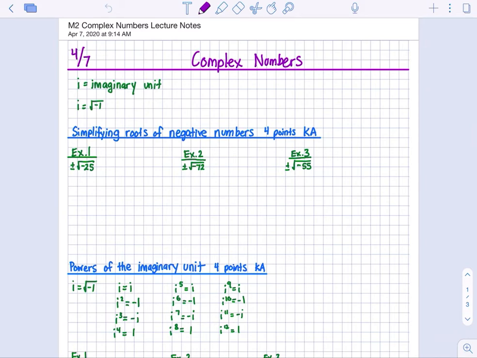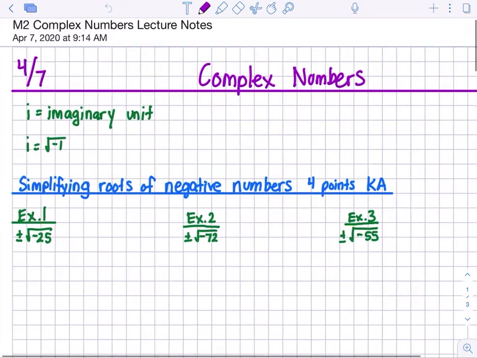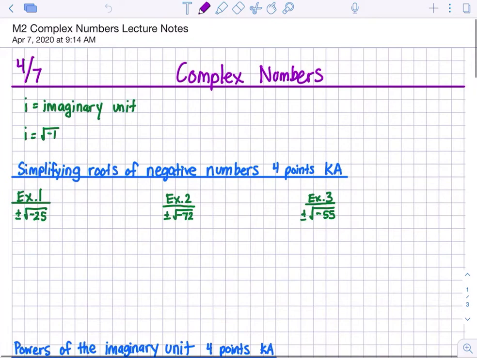Okay, so let's begin. We are going to get into something called complex numbers, and first we're going to start with this i, okay? If you take a look at this i, this is what you call an imaginary unit. It's represented as i. There are such things, called imaginary units or numbers.